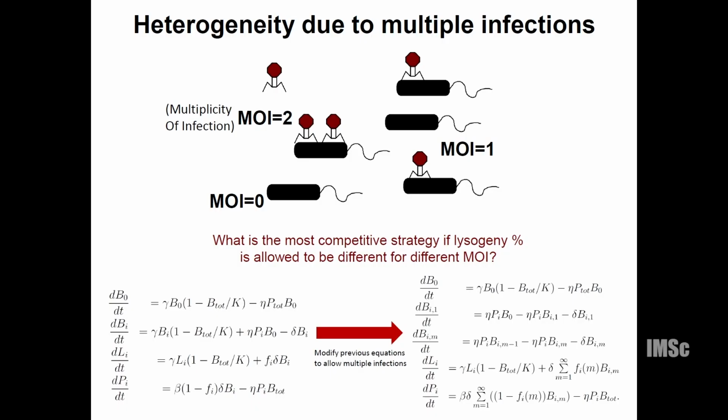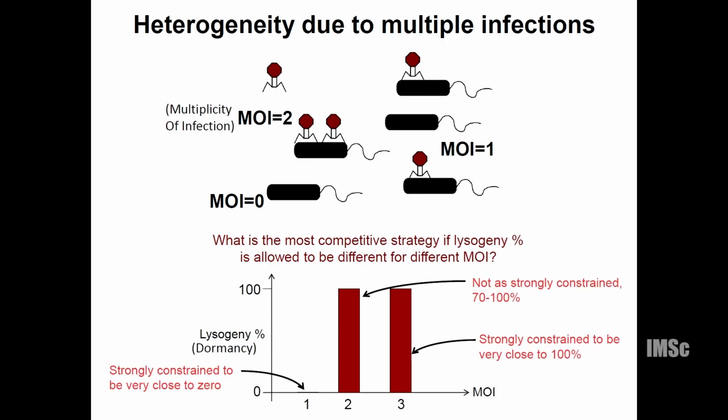And what we find, interestingly enough, is that the strategy that really comes out is exactly this one: if you have a single infection, you should really go lytic. If you have double or more infections, you should really go lysogenic. This strategy seems to beat out all other strategies, including those fixed percentage 10, 15% ones.